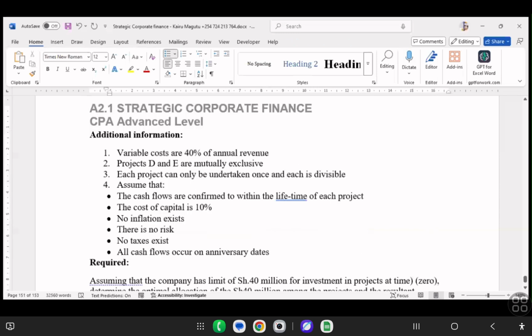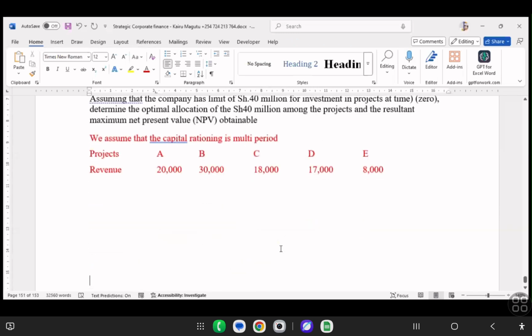We are told that the variable cost is 40%. We less the variable cost. The variable cost for this one, what is 40% of 20?